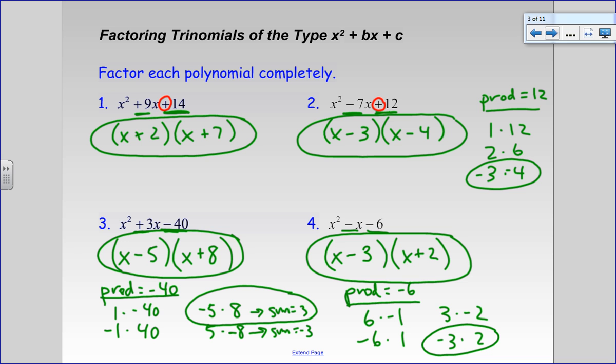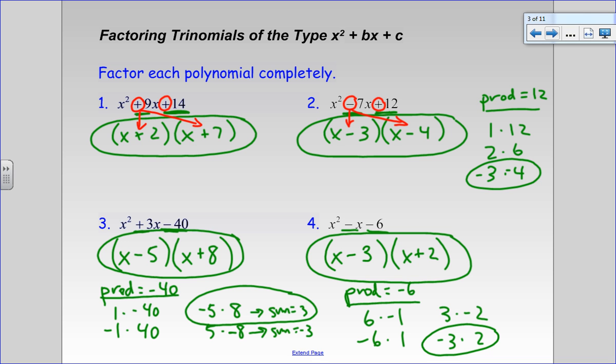We simply look over to the middle term and determine whether it's positive or negative, because two positive numbers would certainly have a positive sum, and two negative numbers would have a negative sum. Another way of saying that is, if the constant term is positive, the sign that goes in each of your binomials is determined; it's the same as the sign of the middle term from the trinomial.